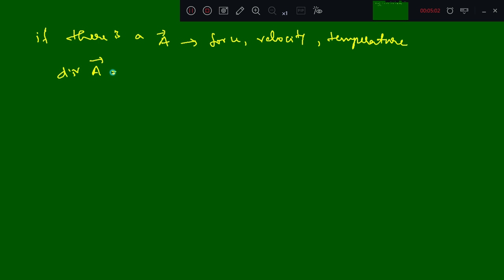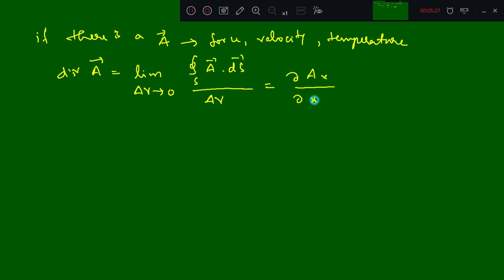A is nothing but limit delta V tends to 0 of the surface integral A dot ds divided by delta V, or this is nothing but dou Ax upon dou x plus dou Ay upon dou y plus dou Az upon dou z.